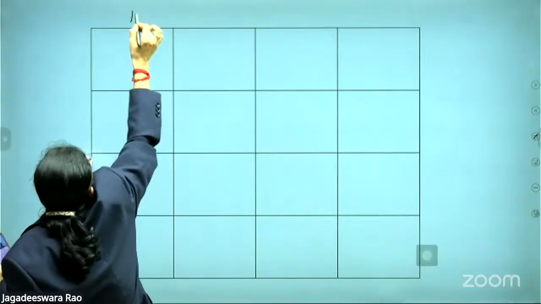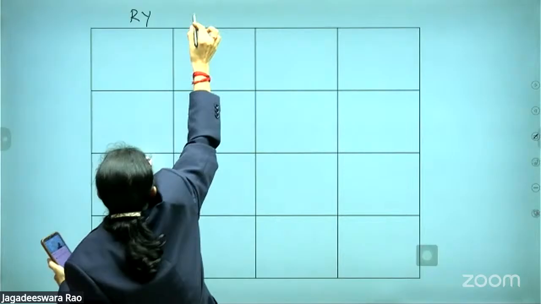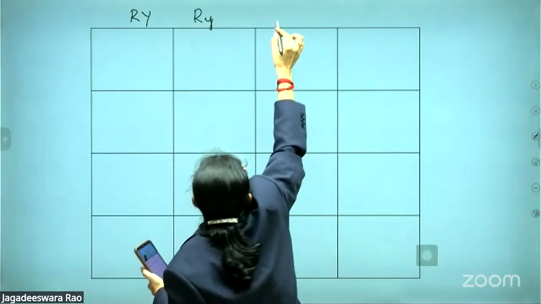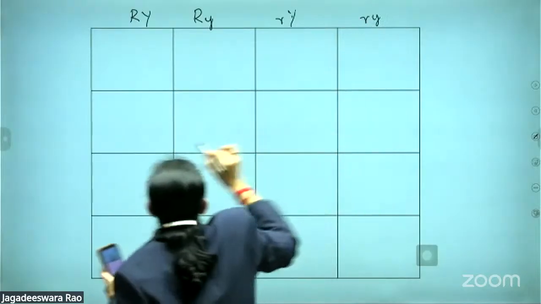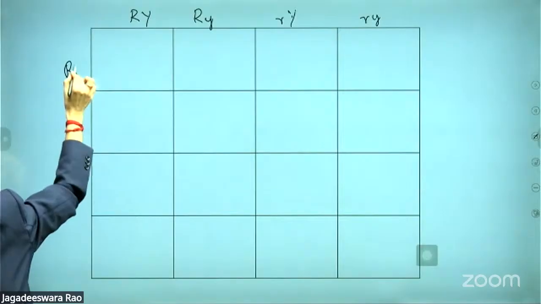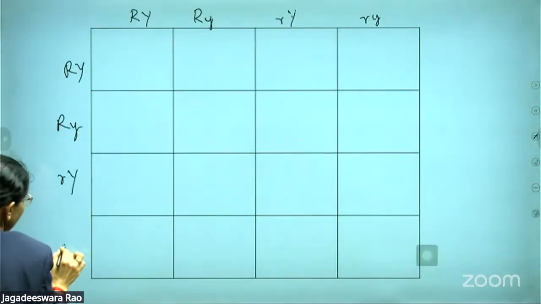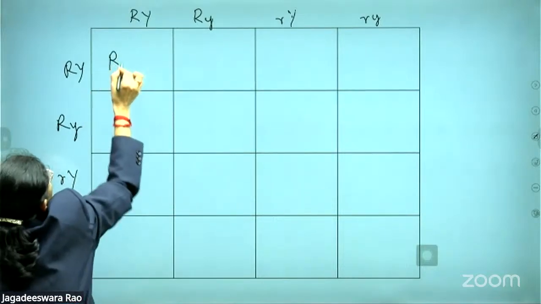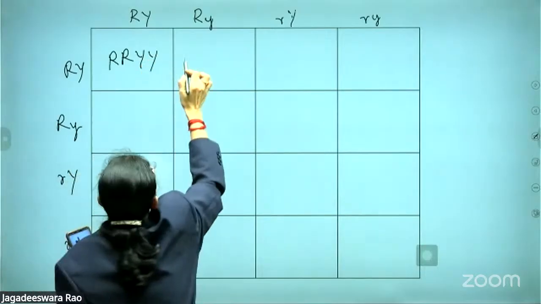So the gametes we will write here: capital R, capital Y, then capital R, small y, small r, capital Y, small r, small y. The same thing here also along the side. Then you have to cross multiply.